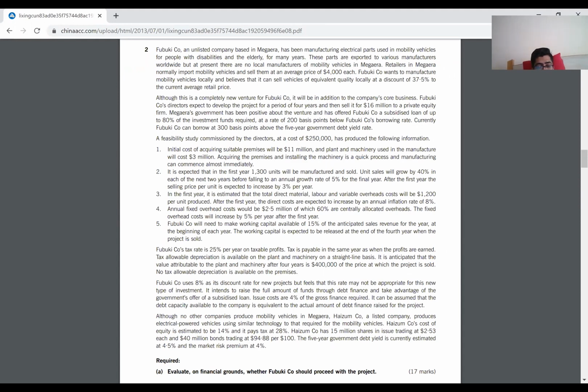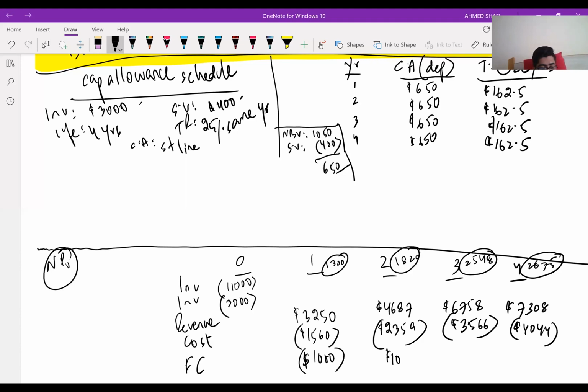So 1,050, 1,103, 1,158. Okay, so you have written revenue, you have written variable cost, you have written fixed cost.